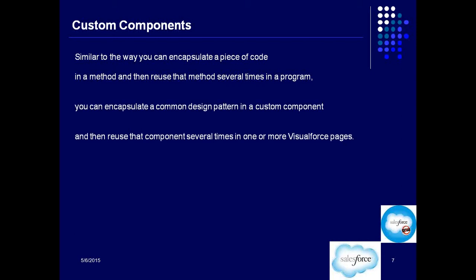In case I have a certain design pattern and want to use it in several different places, instead of defining the same pattern again and again in different Visualforce pages, I can simply create a custom component and reuse that in different Visualforce pages.